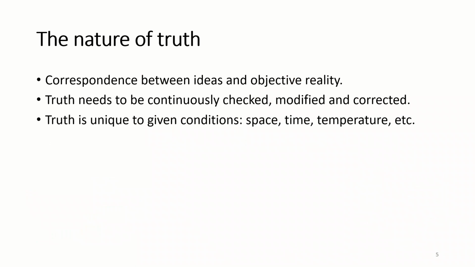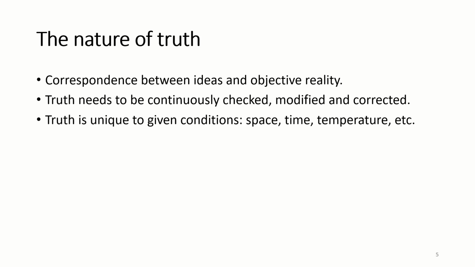We also saw how truth needs to be continuously checked, modified, and corrected. For example, when the pandemic came, WHO told us that we don't need masks and that the virus does not spread from human to human through air. Then they ran some tests or experiments, and they modified and corrected that.